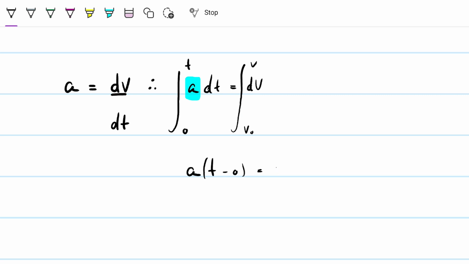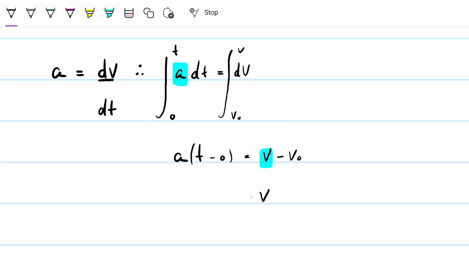And on the right-hand side, I'm going to be left with v minus v naught, and I'm going to solve this for velocity, not for acceleration. It tells me that my velocity is equal to the acceleration times the time plus my v naught.